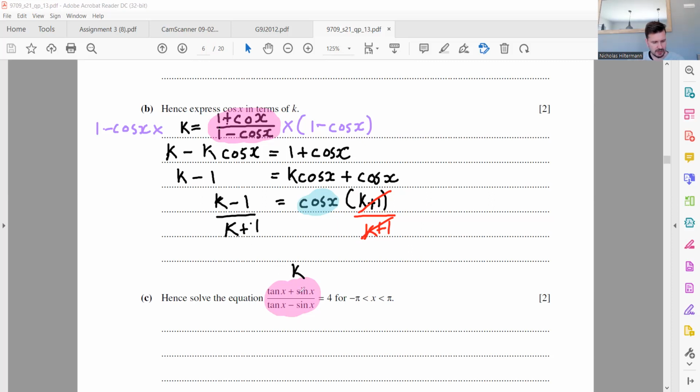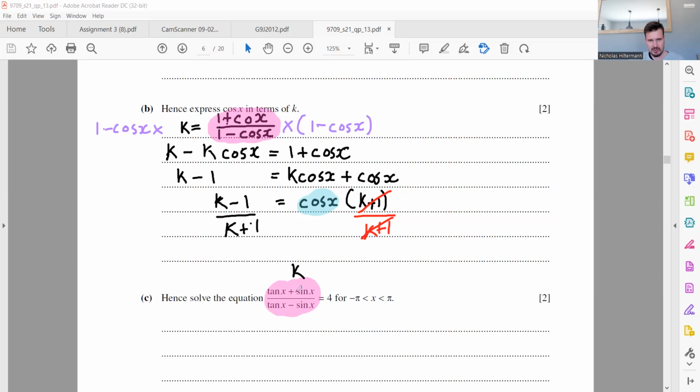And so what we can do is, well, now we know that k is 4. Does that make sense? So the first bit was k was equal to this pink thing.